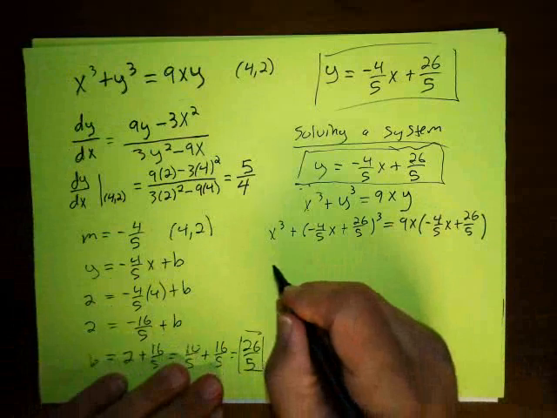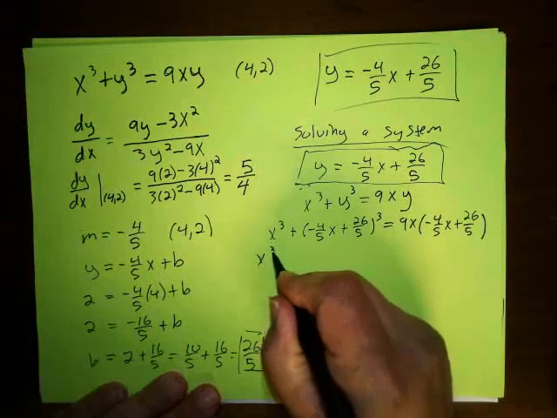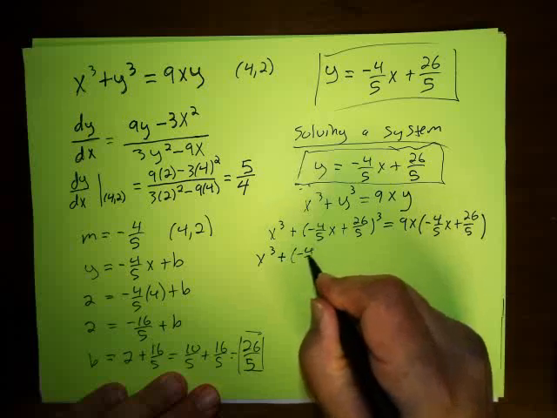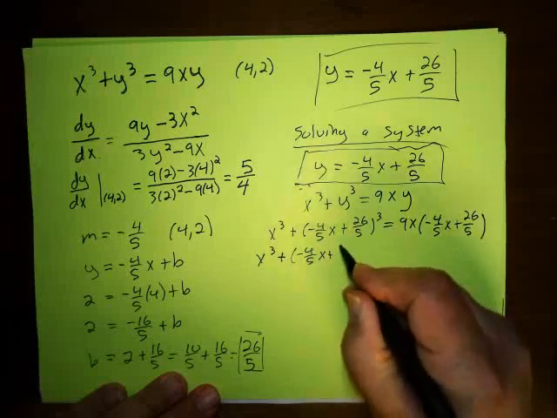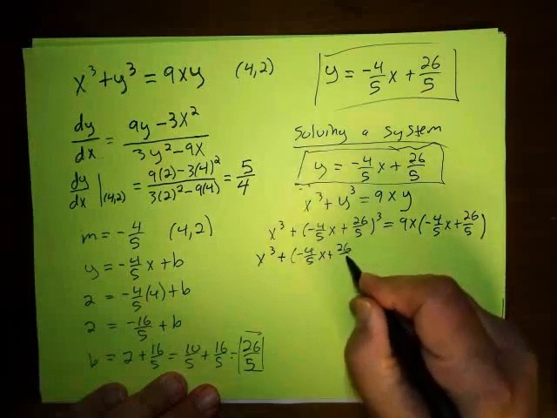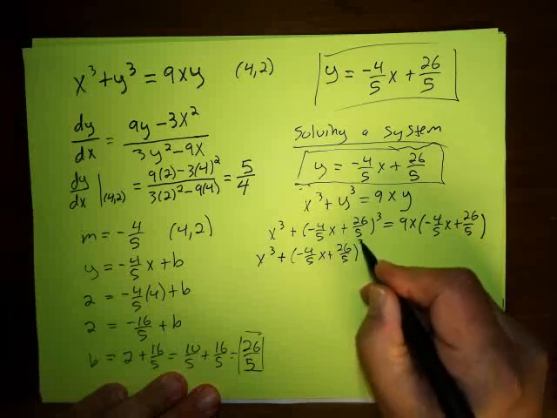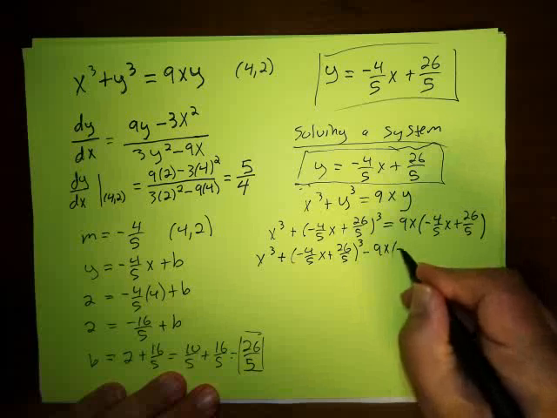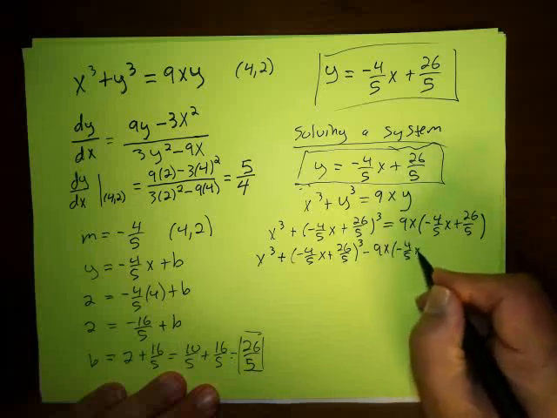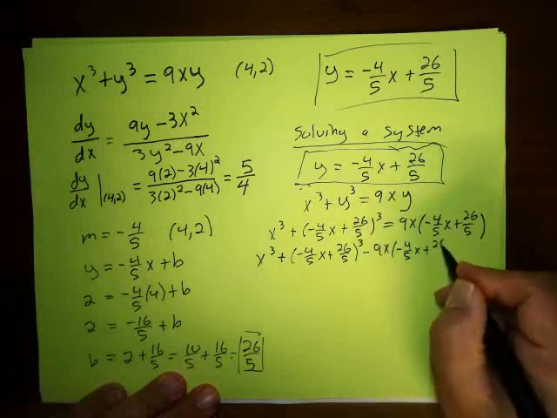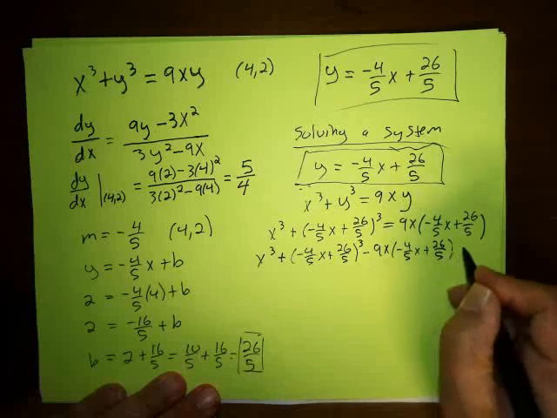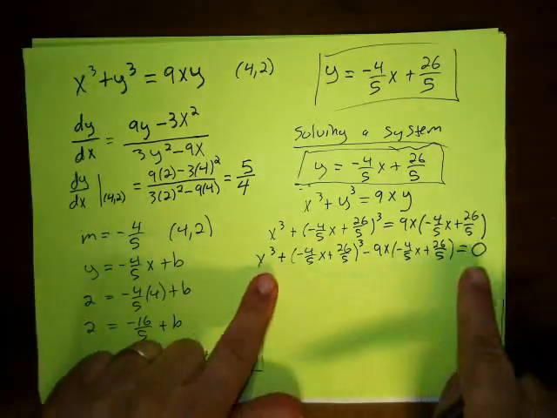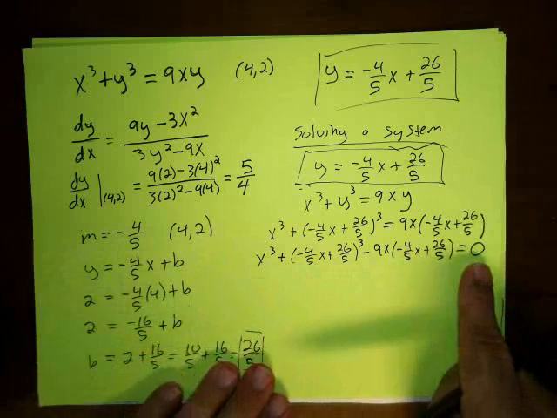So what I'm going to do is just move everything to the other side, but I'm not going to simplify. And then this would be minus 9x. Okay, so what I did is I have all of this equal to 0, right?